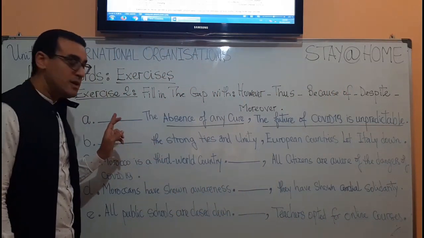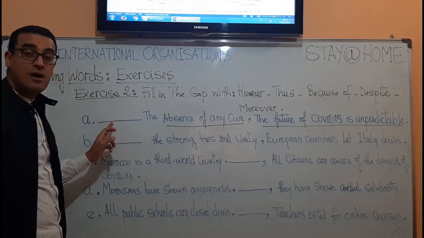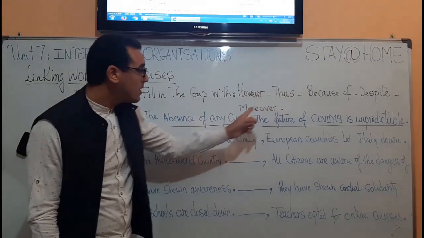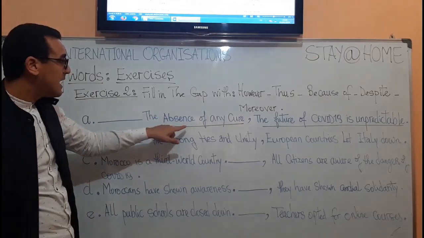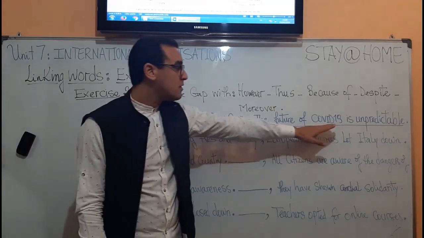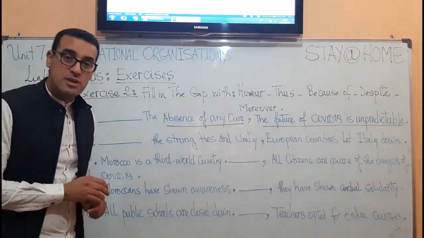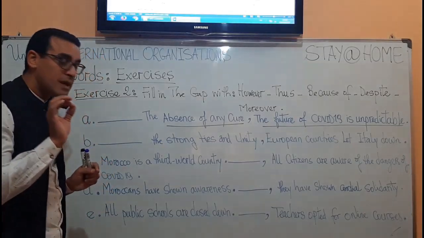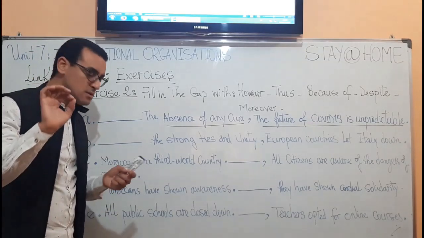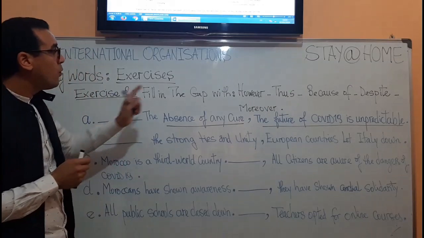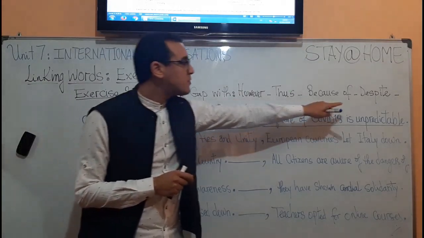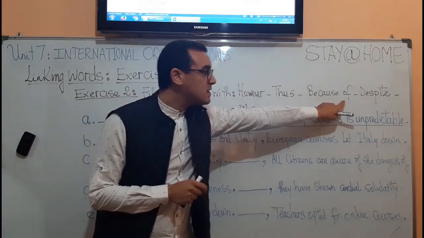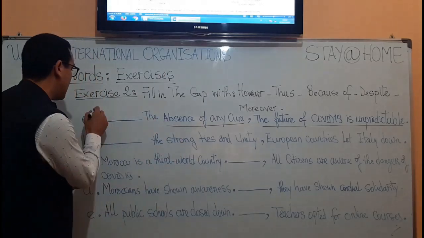So we should find out the correct linking word that we're going to use. We have the absence of any cure, the future of COVID-19 is unpredictable. The logical relationship here is cause. Which linker expresses cause? Of course it is "because of." So that's the correct linker.